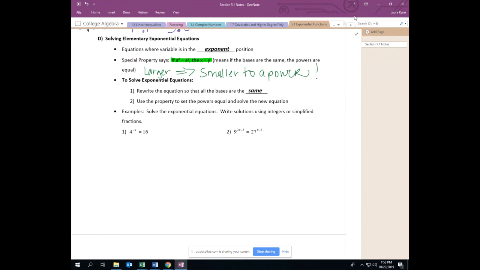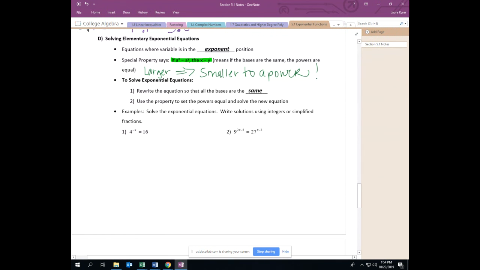For example, if you had 25, you could rewrite it as 5 squared. If you had 81, you could rewrite it as 3 to the 4th power. So we want to take these larger bases and make them a smaller number raised to an exponent. That should help us rewrite these with the same base. There are going to be times where you have to rewrite both of the bases as a smaller number. It will depend, but I always start with the bigger one and see what I can do.